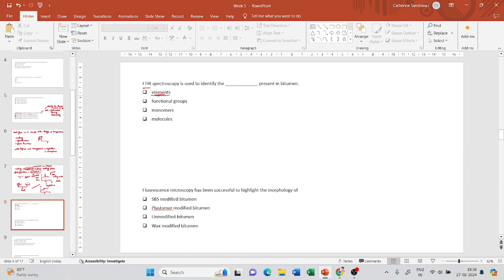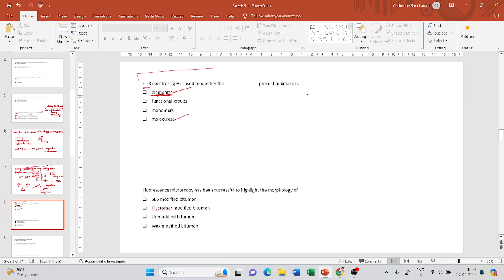For elements, we saw last week what technique was used to identify the elements present in bitumen, and also the technique to identify the molecular weight distribution of bitumen, right? Here, FTIR is used to identify the functional groups in bitumen. So how does this actually work?